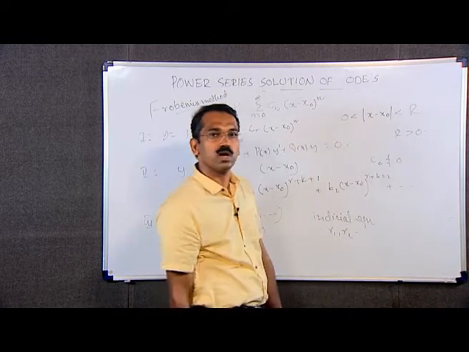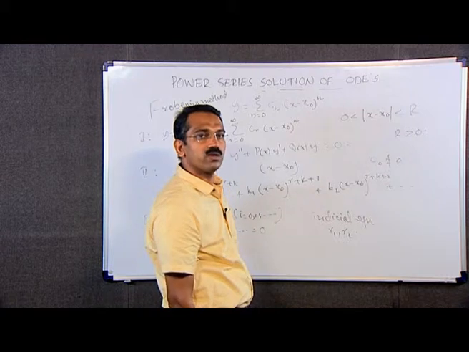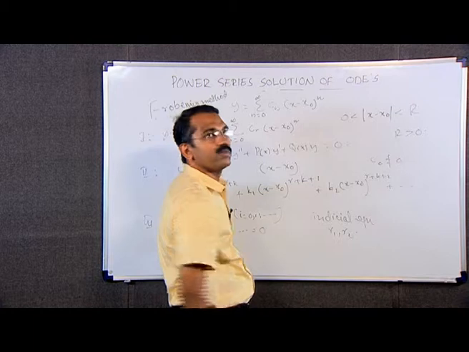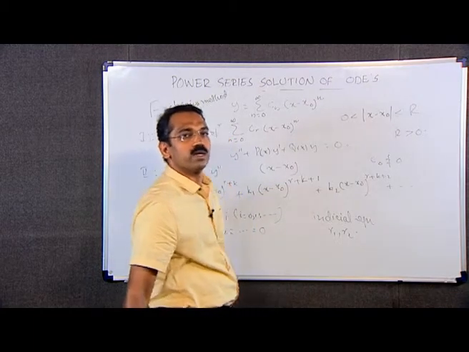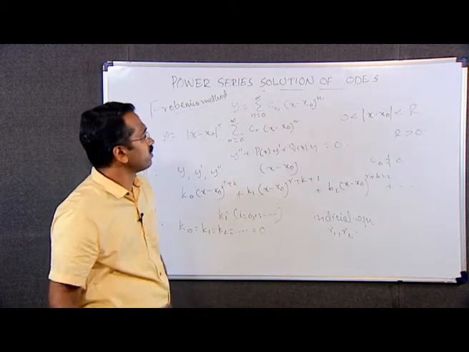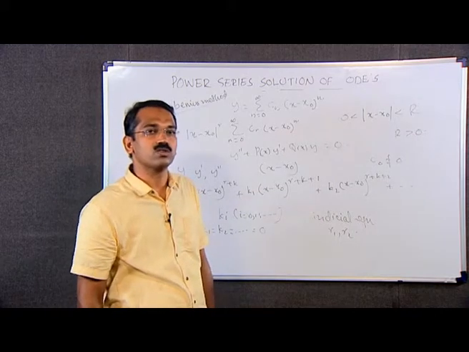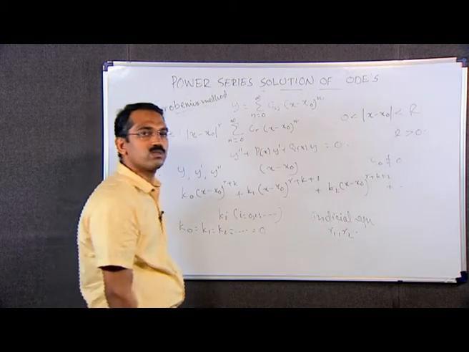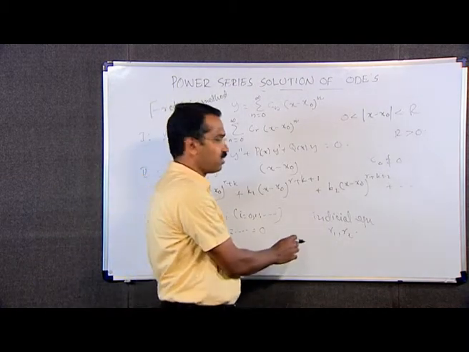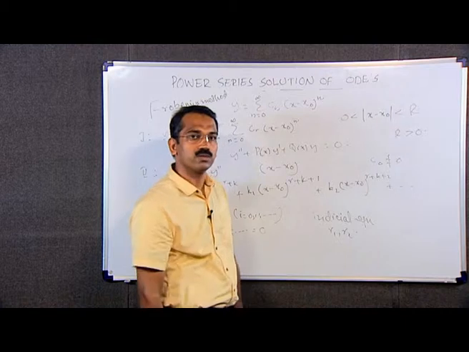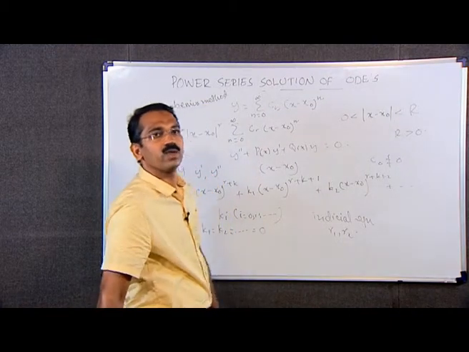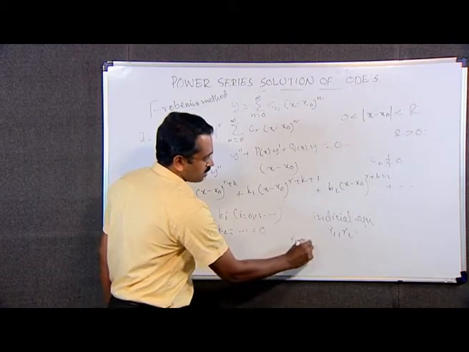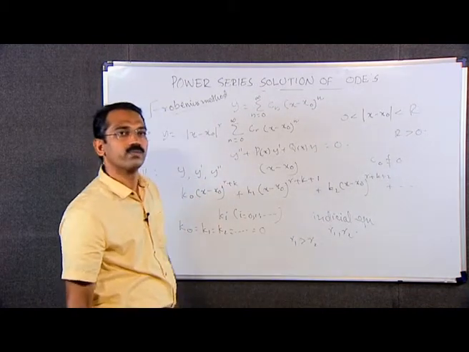These two roots R1 and R2 are known as the exponents of this expression y equal to mod x minus x naught raised to r into summation Cn into x minus x naught raised to n, and are the only possible values for the constant r in the assumed solution. Generally R1 is taken as the larger root so that R1 is greater than R2.